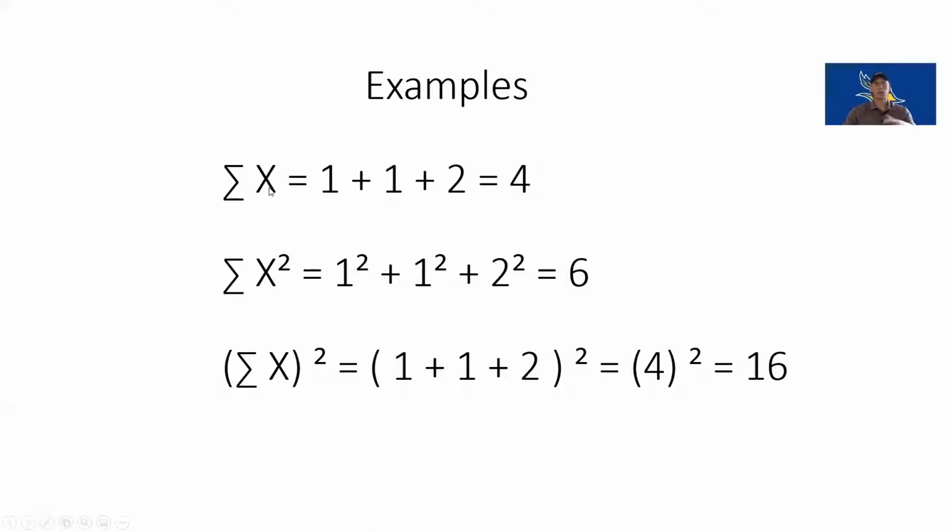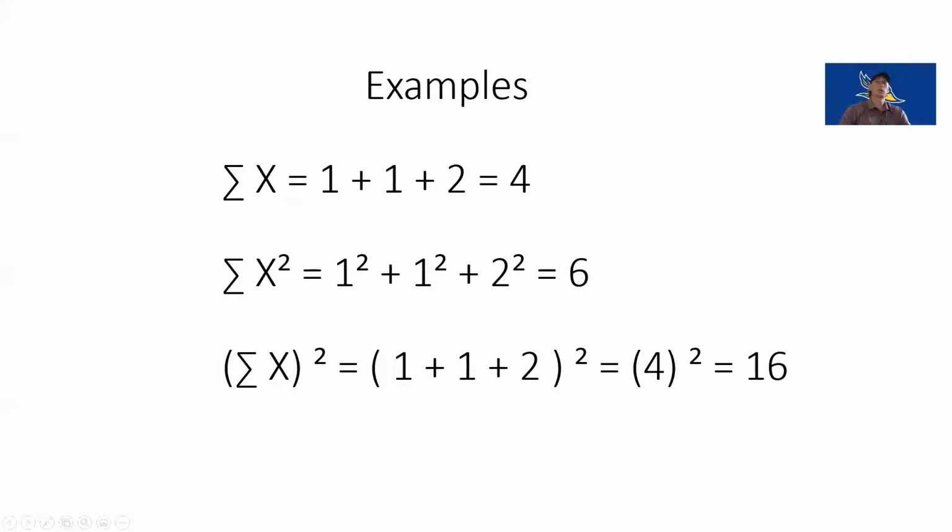The sum of x, or the sum of the variables, is 4. The sum of x squared would be each individual variable squared, then adding those all together. Sum of x quantity squared, we would sum all the variables and then square that sum. So we see those differences here.